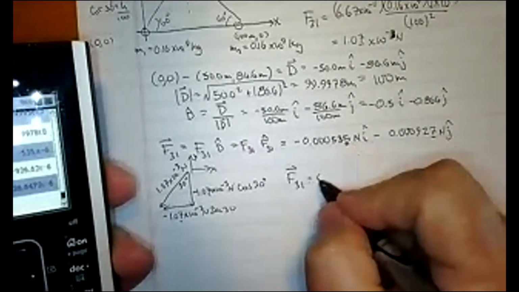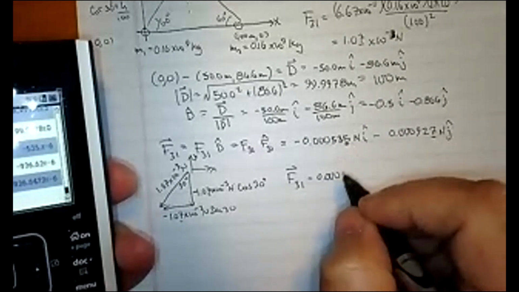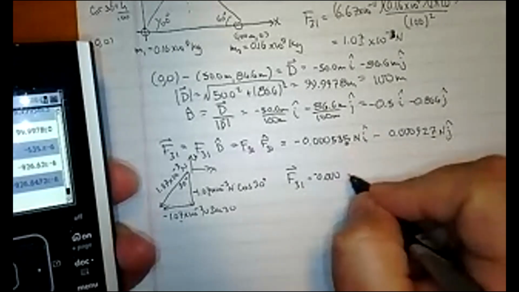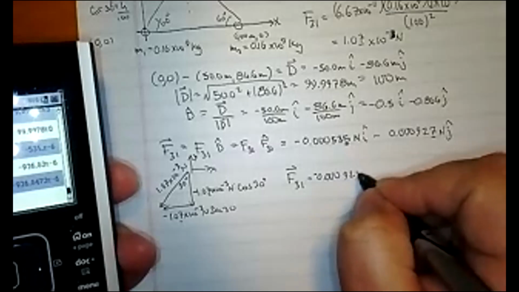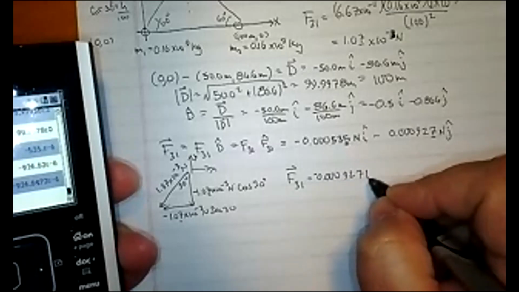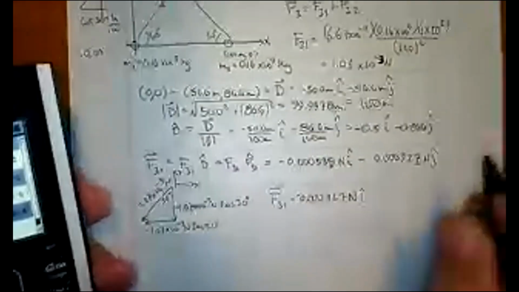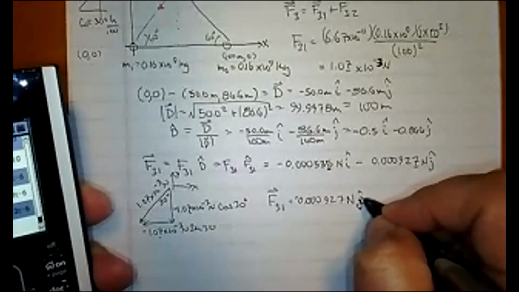So let's see, 1.07 e to the negative 3 times negative, and I just did times negative because I wanted the negative to come out of my calculator, times negative, now take the cosine of 30 degrees, and I get 0.00926, actually I should round that to 0.000927 newtons in the j hat direction, because that's the y component.